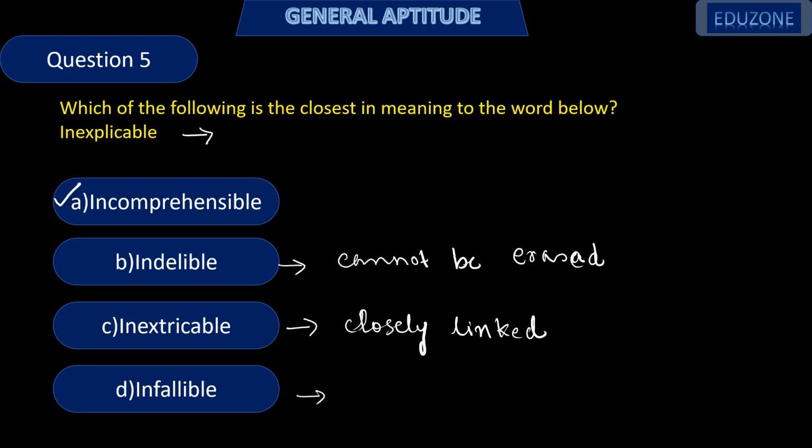Infallible means incapable of making mistakes, or perfect. Some people never question the decision of their leader, because they believe that the leader is infallible, incapable of making any mistake. That means perfect. So the word similar to inexplicable is incomprehensible.